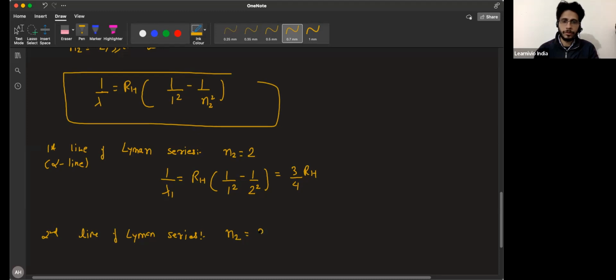Yes, n2 will be 3. So you can calculate the next line, 1/λ2 = R_H (1/1² − 1/3²), since n1 is 1.